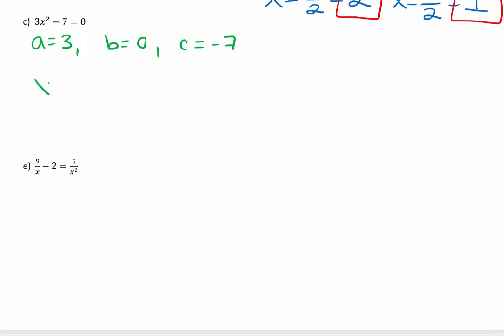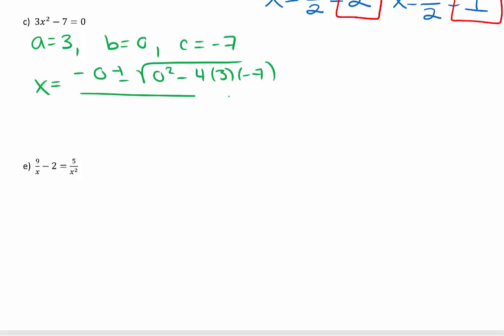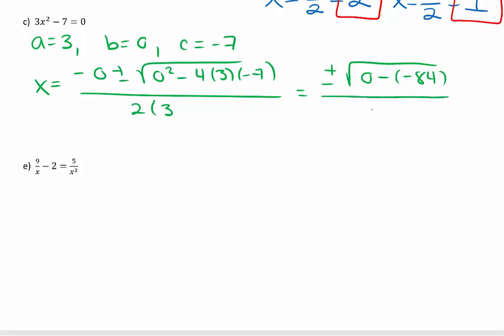So plugging that into my quadratic formula, x equals -b plus or minus the square root of b squared minus 4 times a times c, all over 2 times a. Well, -0, I don't need to write that down. So just plus or minus the square root of 0 minus a negative 84 all over 6.